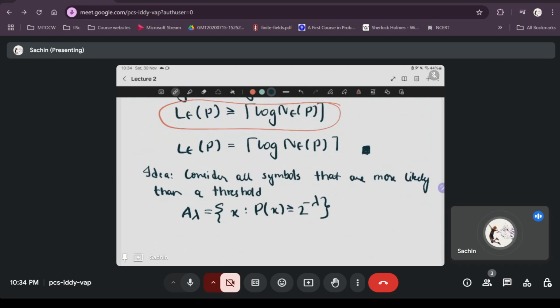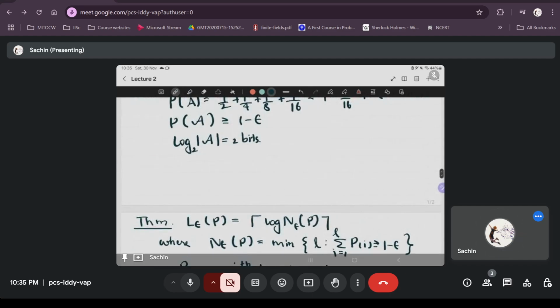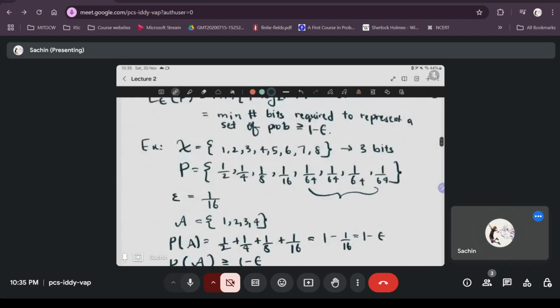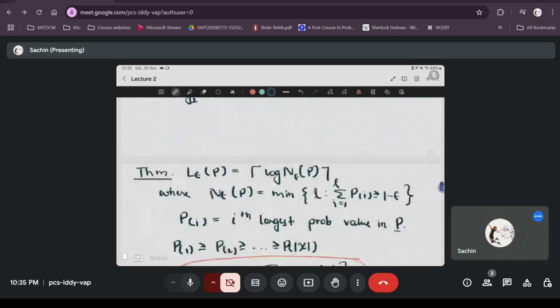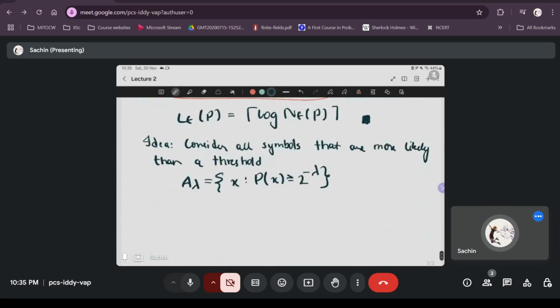Here, this set is not based on the probability of the sum of all the outcomes in that set. Unlike the previous cases where you are looking at sets of outcomes such that the sum of all the outcomes was greater than some quantity, here, instead of that, we'll just look at outcomes whose probability themselves is greater than or equal to some quantity.